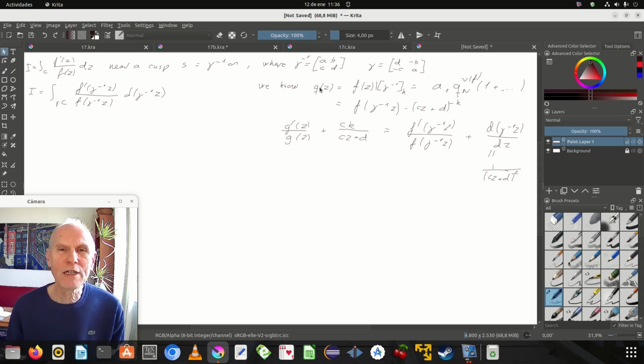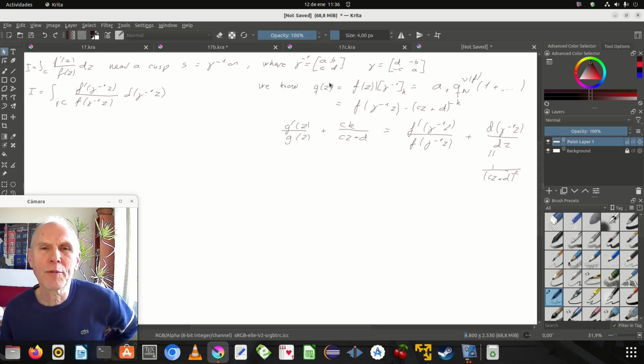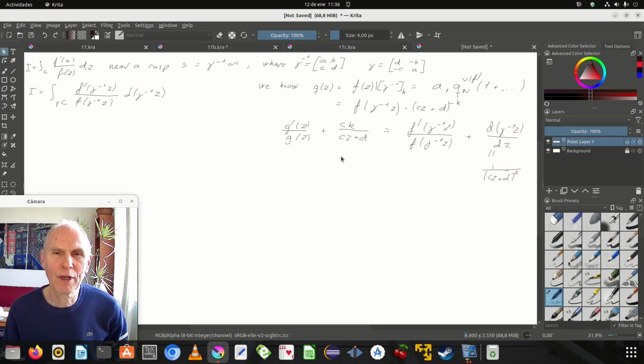And we know this function, which is equal to this. So we take the logarithmic derivative, which gives this, which we add to the other side, minus kc at c from here.